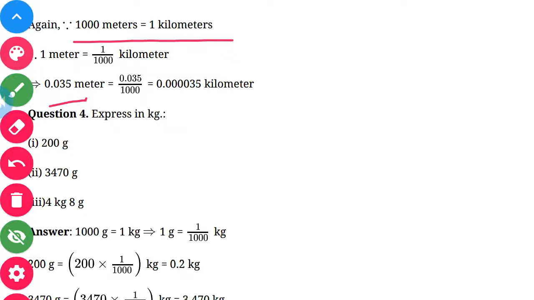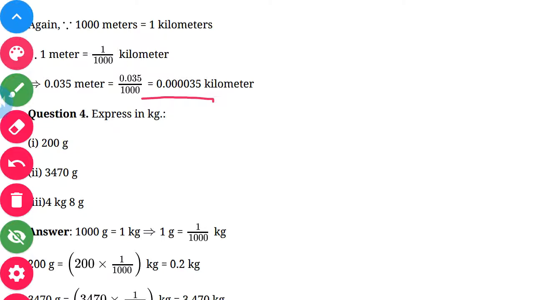Just add these 3 digits up, so 3 zeros will be added before the digits. If you see after the decimal point, 3 plus 3, 6 digits will be there. After the point it will be 6 digits.